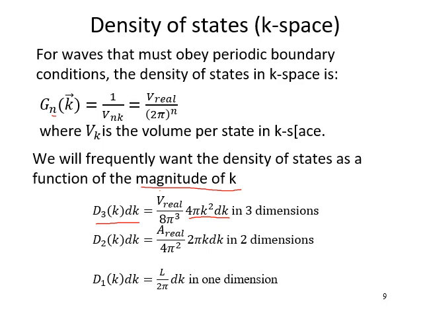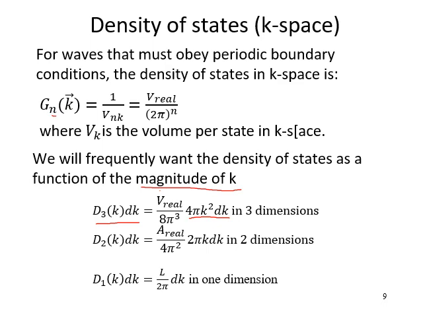So 4 pi k squared dk is the volume of a shell. The number of states per unit k space volume times the volume of that shell tells us how many states there are in that shell.